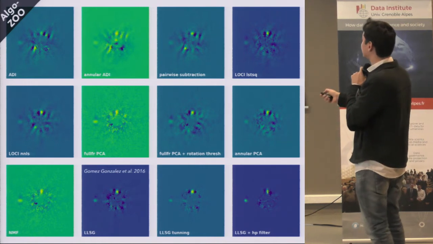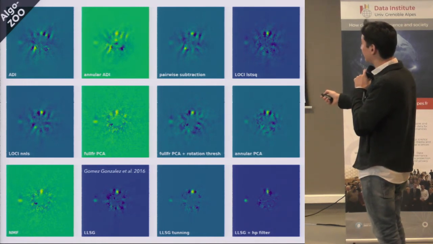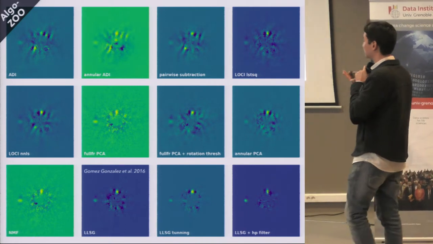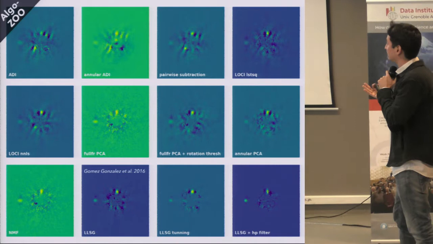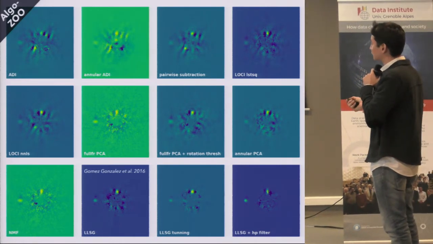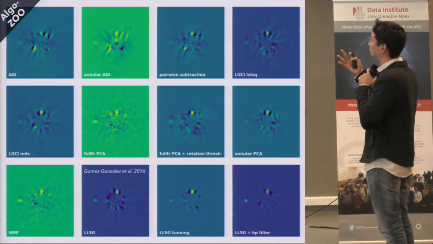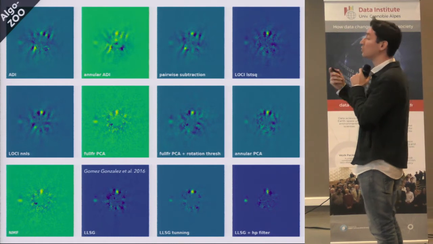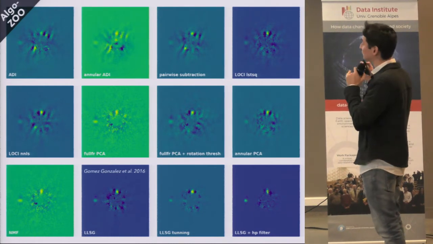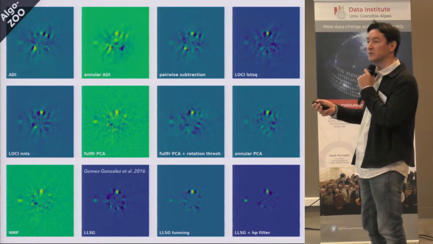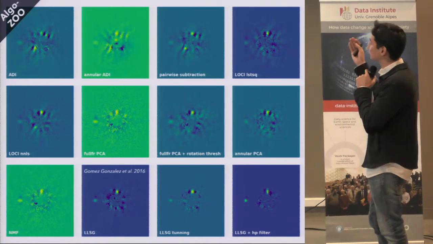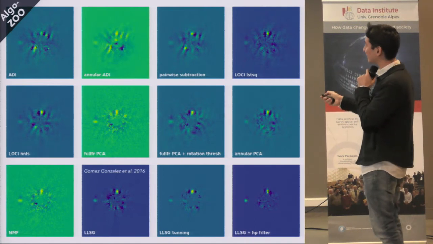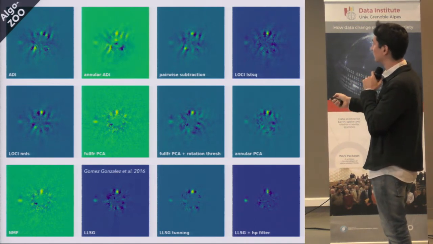So if you see, PCA appears here as kind of the de facto standard nowadays, for reasons that it's really easy to compute and it's really easy to understand. So we are looking for a low-rank approximation of our sequence of images to model that remaining light and noise, and we subtract that to get residuals that we can combine in a single image.